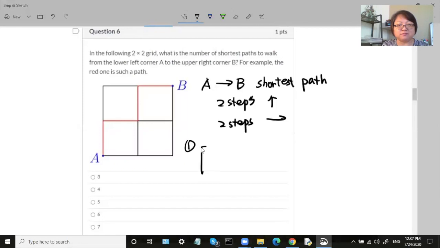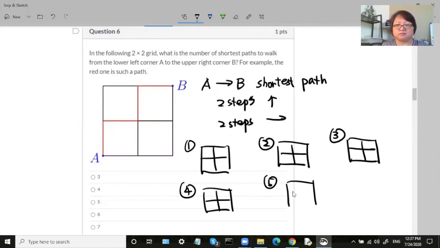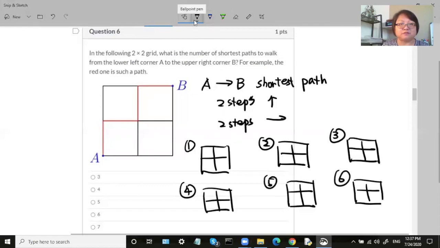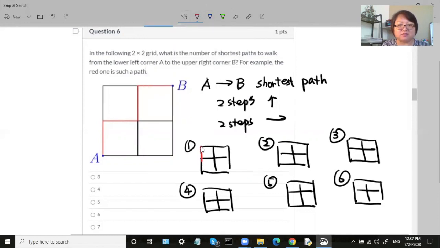So let's list all the possible ways. Let me draw 6 of the 2 times 2 grid. So actually there are 6 ways. The paths will be in red. So the first one, we can walk like this.